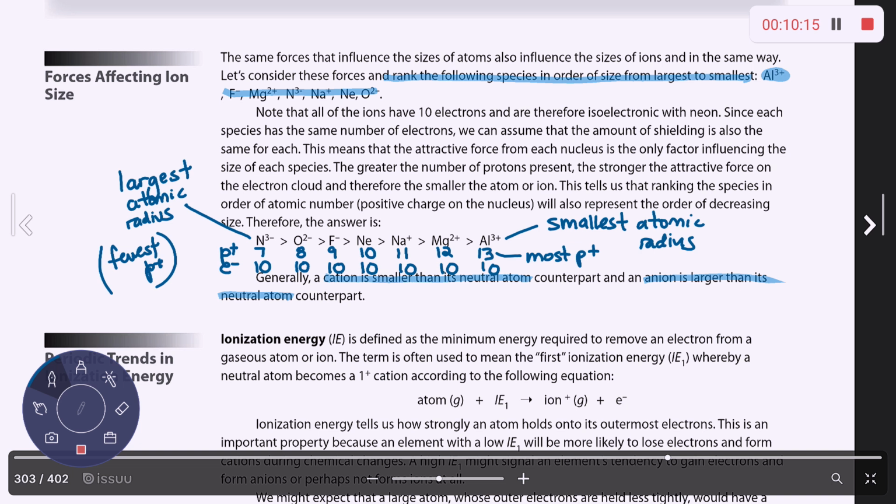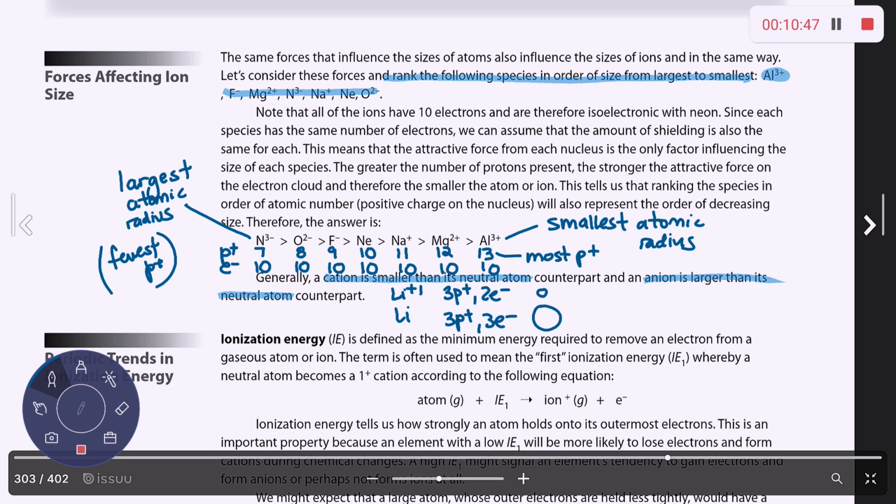Well, if you've got something like Li+1 versus Li, Li+1 has got 3 protons and 2 electrons. Neutral lithium has 3 protons and 3 electrons. Okay, so this lithium ion will be smaller than the neutral lithium because there's fewer electrons, so this positive charge of the nucleus dominates and it sucks those electrons in closer.